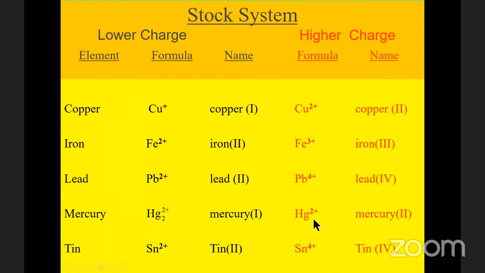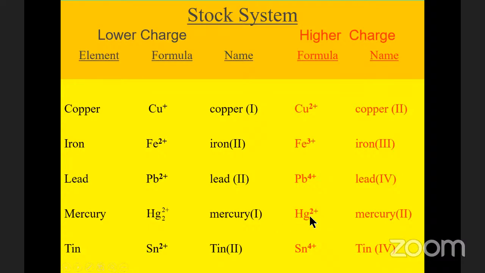Now, this one is a bit tricky, all right? Mercury. Mercury exists as this form and this form, but you'll notice that both of them carry the +2 charge. But this one has 2 atoms of mercury. So basically, these 2 atoms here collectively carry a +2 charge, which basically means that there's a +1 charge for each atom. So therefore, this is called mercury(I), right?